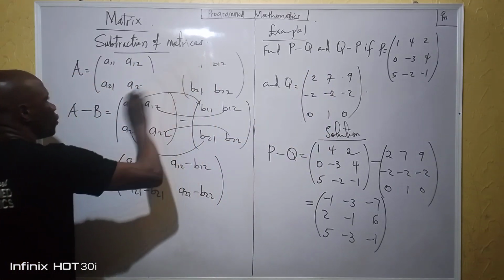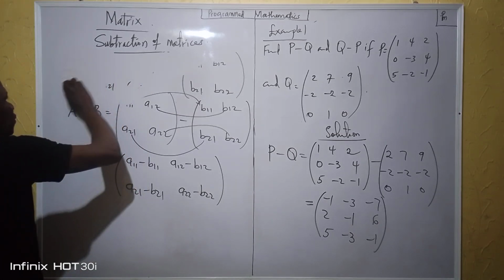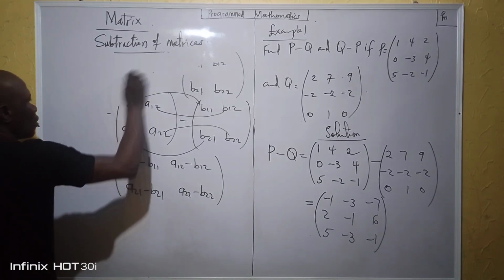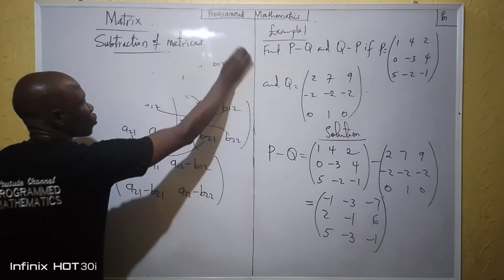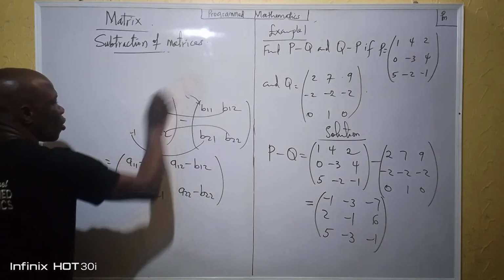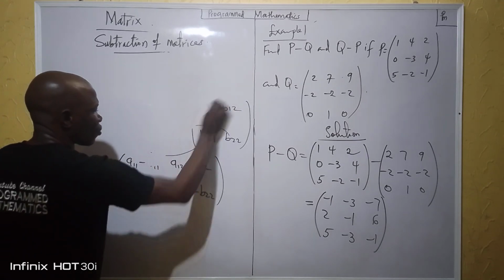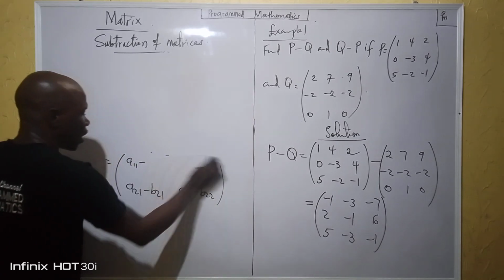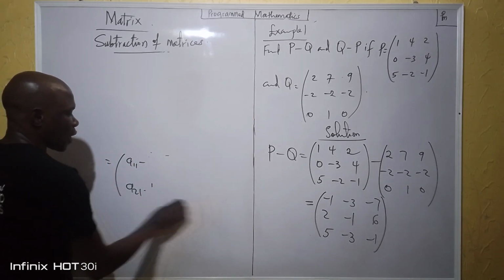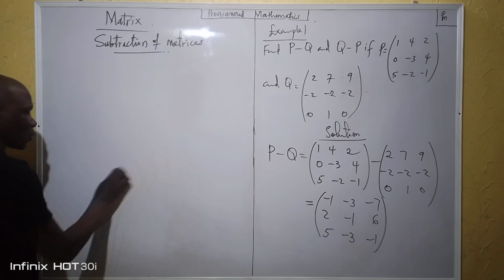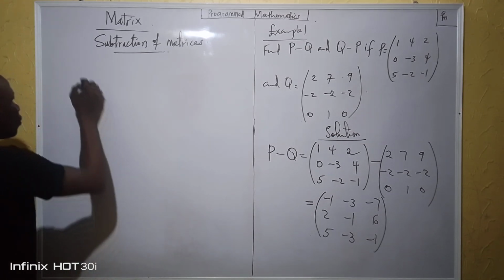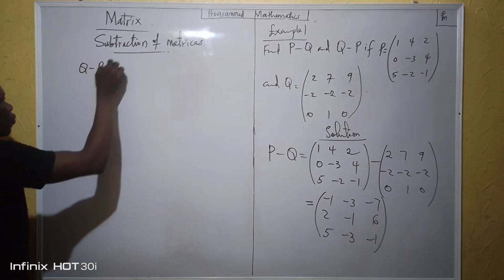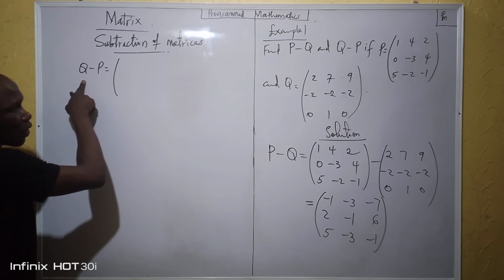Q minus P. We want to reverse the order of arrangement of the matrices. Let's see if our answer will be the same for Q minus P and P minus Q. So Q minus P will mean we write the matrix Q first.